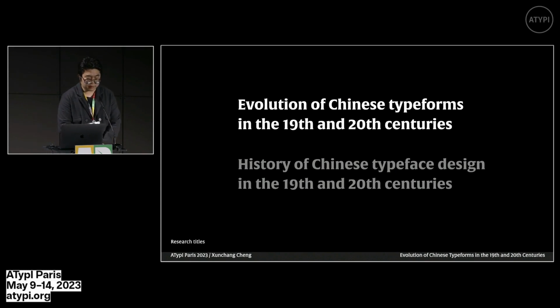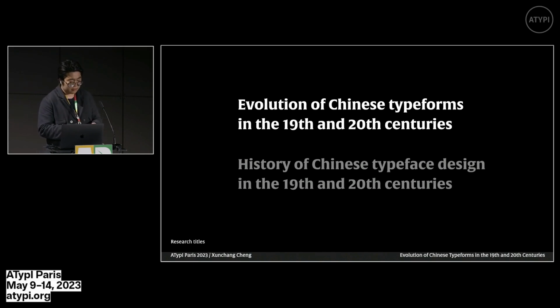Back to my PhD research, my research title was The History of Chinese Type Design in the 19th and 20th centuries. However, type design actually is a modest but systematic field, especially Chinese type design. In addition, the time scope of my research is 2 centuries, which is a large time scale.